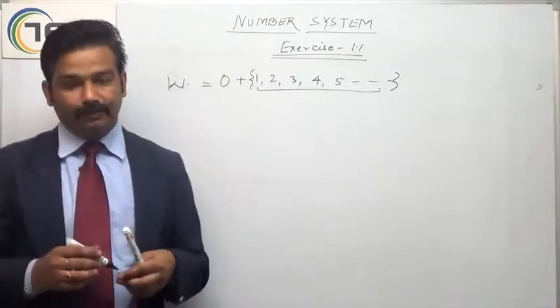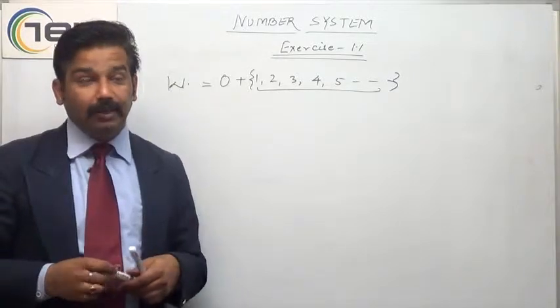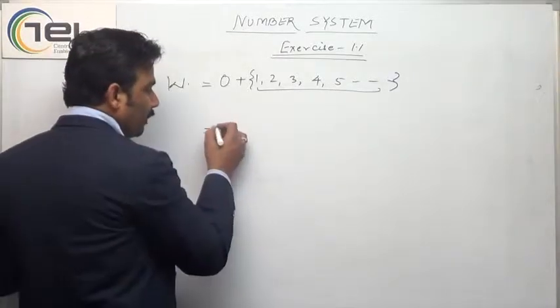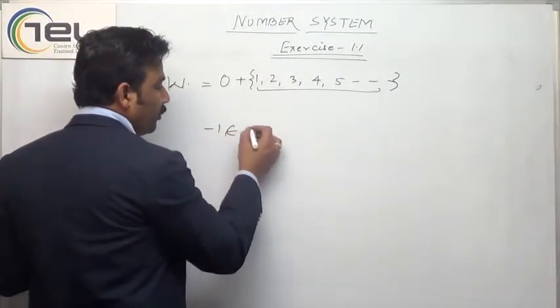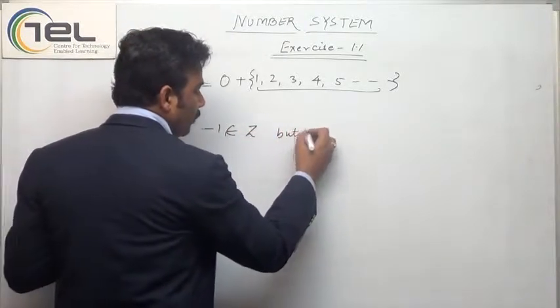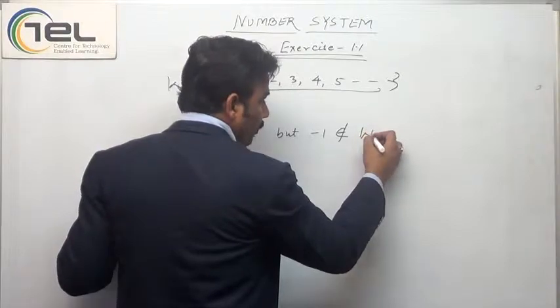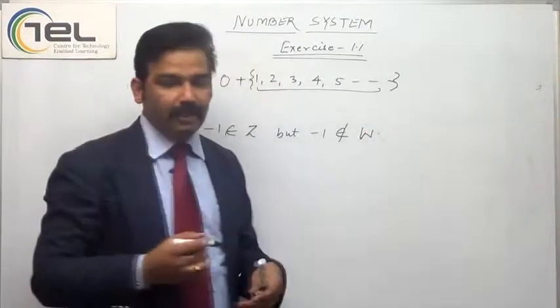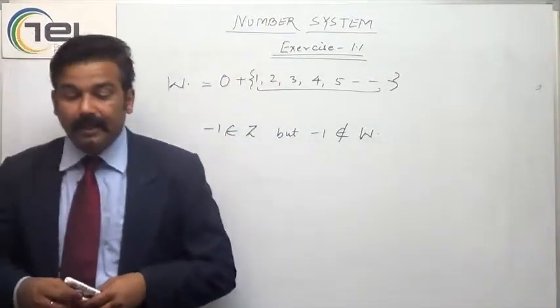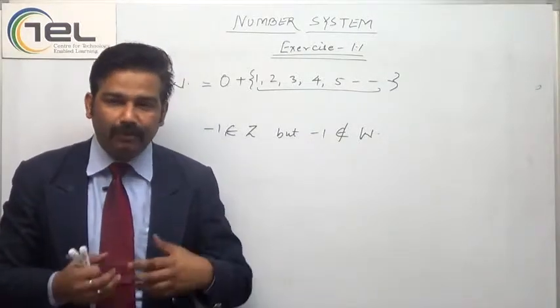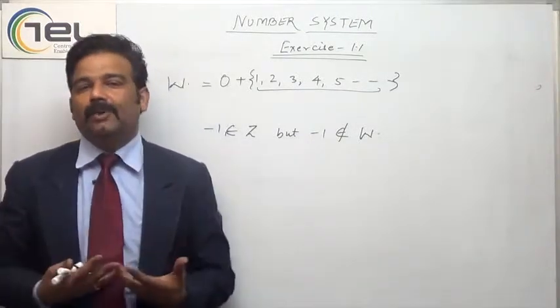That is perfectly true. Every integer is a whole number. No. -1 belongs to Z, but -1 does not belong to whole numbers. What we have to say? If somebody says every integer is a whole number, then we have to go against that to make it false.